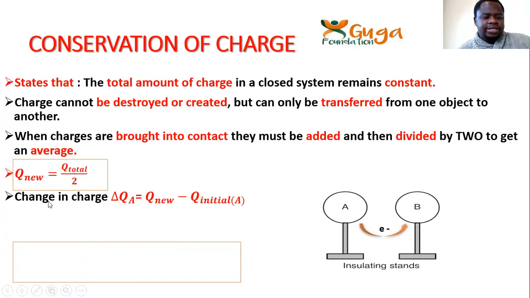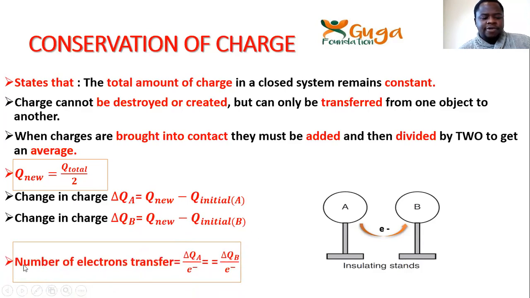The change in charge, delta QA, for example, here you've got charge A, will be equal to Q new minus Q initial, which is charge A. And the change in charge QB is equal to Q new from here minus QB initial.